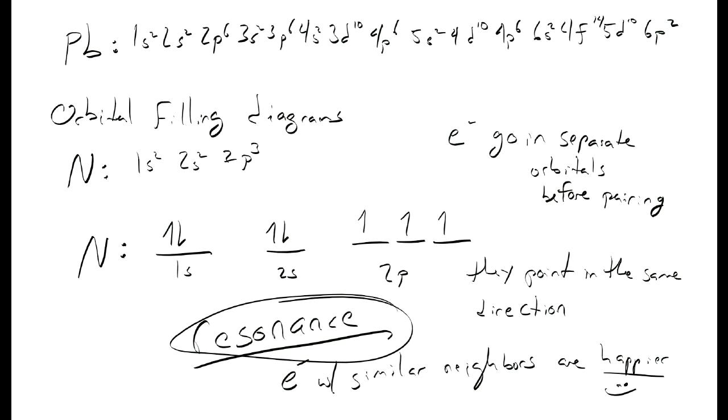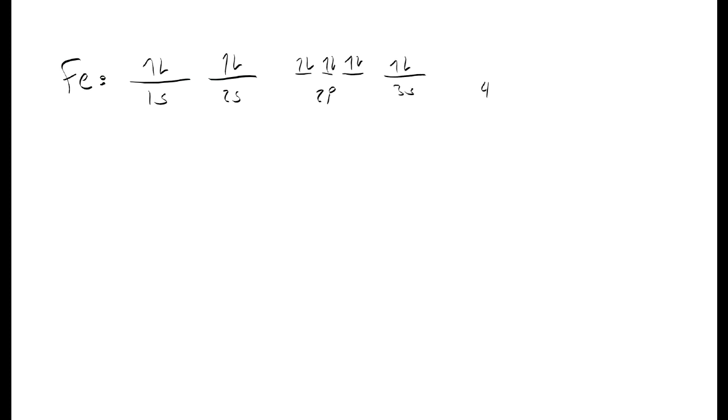All right, so let's do some more examples. Let's do iron again. Iron is 1s, 2s, 2p, 3s, 3p, 4s, and finally 3d. 1, 2, 3, 4, 5, and 6.